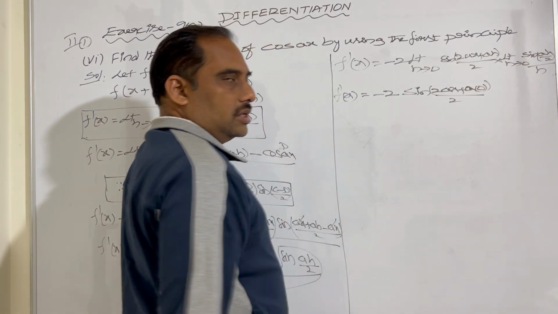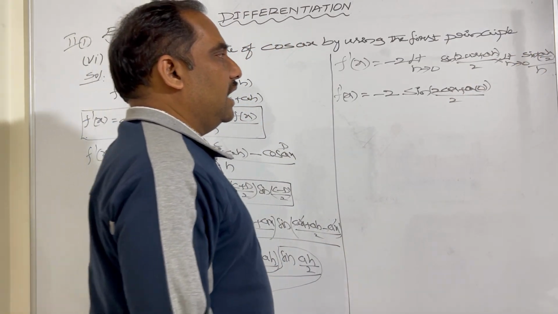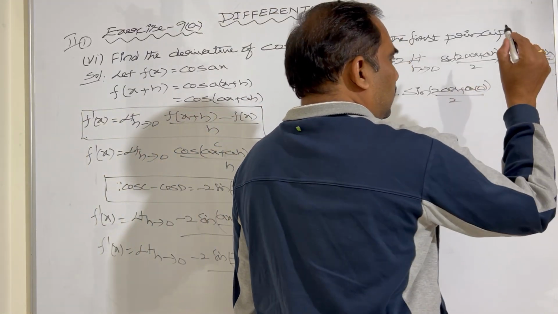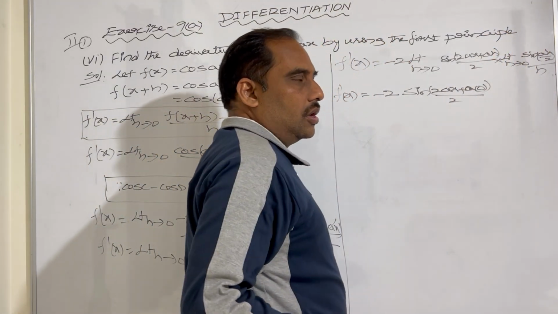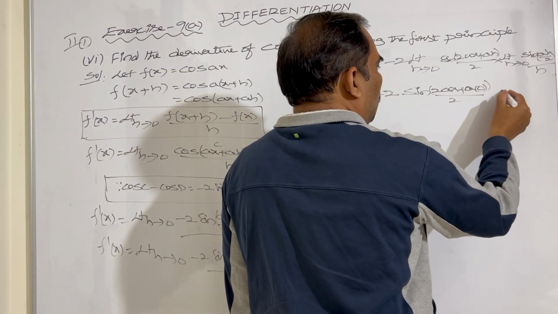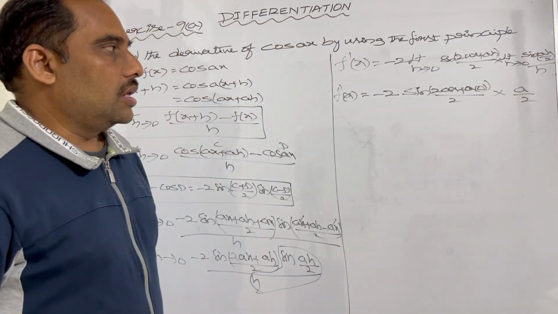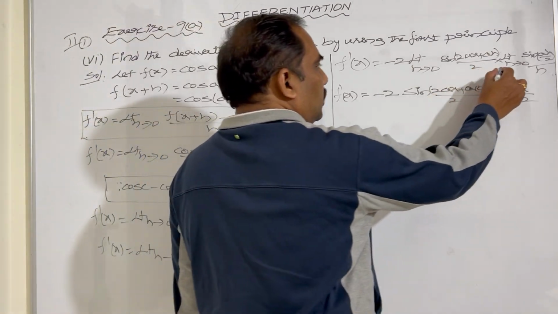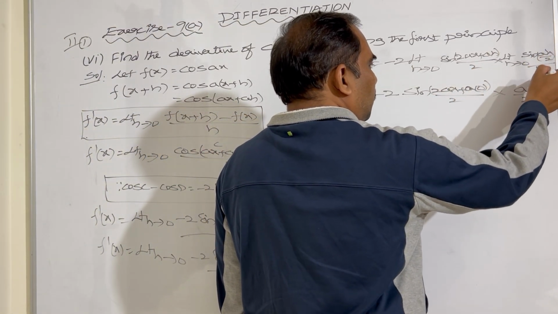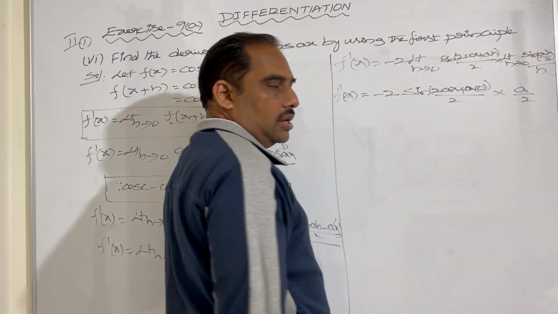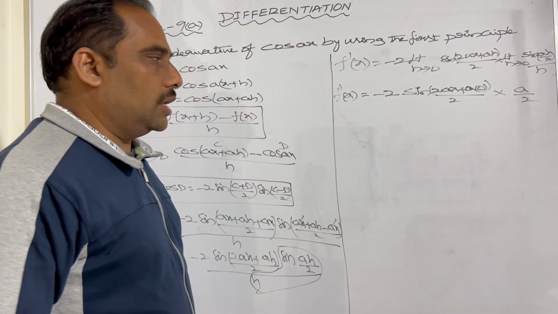And here sine of ah by 2 by h, like that, a by 2 is there. So this value is a by 2, as per the property.